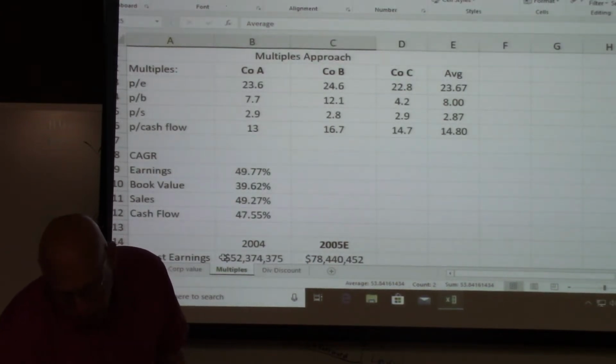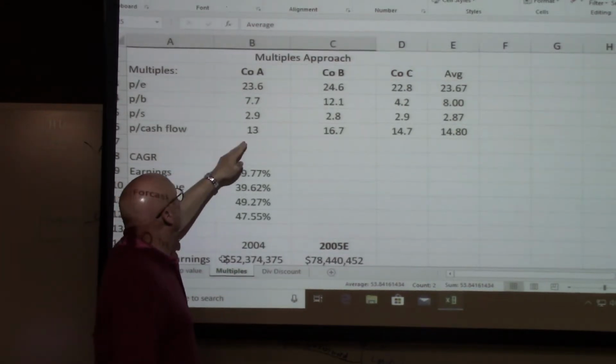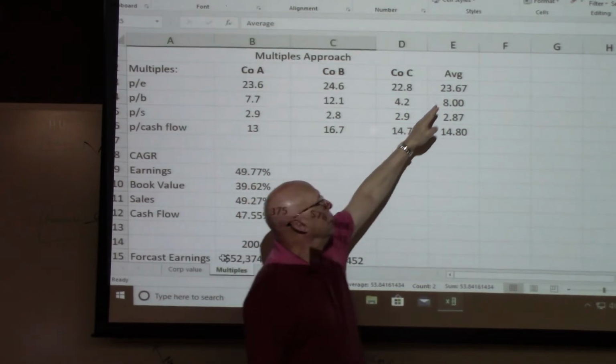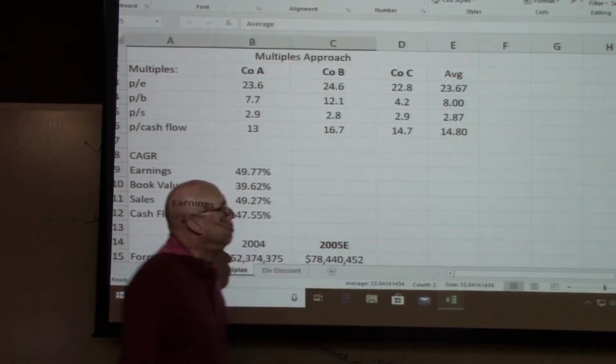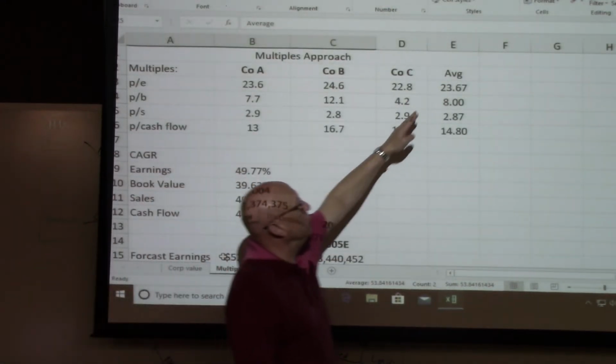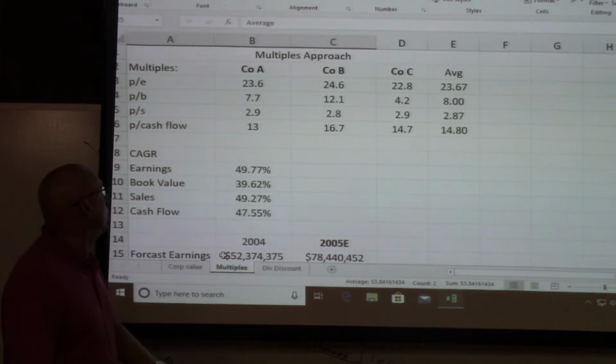This is the peer information, and it's going to be on page 57. Okay? And so these are the multiples for each of the companies, and then I've averaged them. Okay? Found the average. So these are the multiples we're going to be using. So we found the multiples.